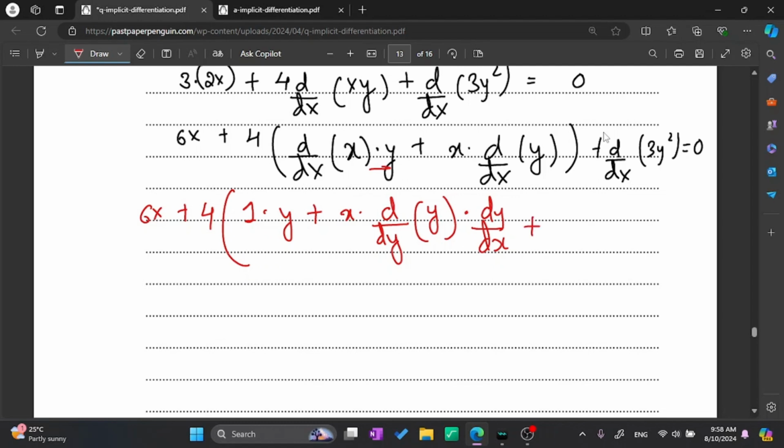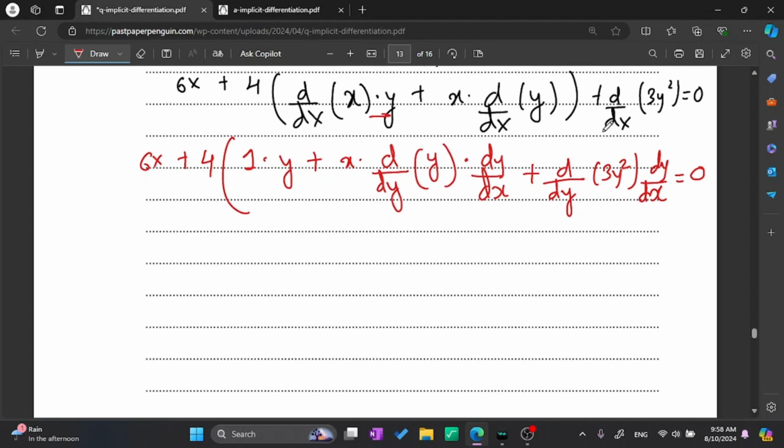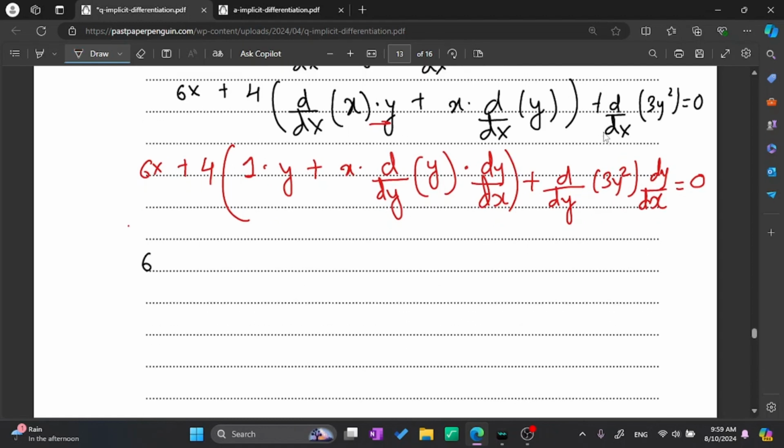Likewise, we're going to do the same for this one. We can do this as d over dy 3y squared times dy over dx, because we're using the chain rule, because this dy and dy can simply get cancelled. So now after this step, it's 6x plus 4 times y, plus the derivative of y with respect to y is 1.